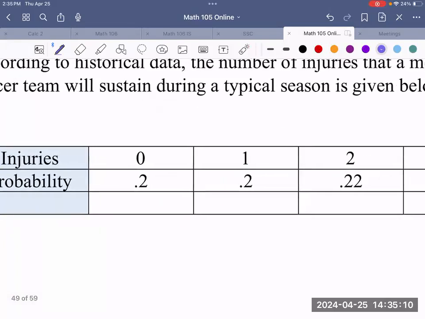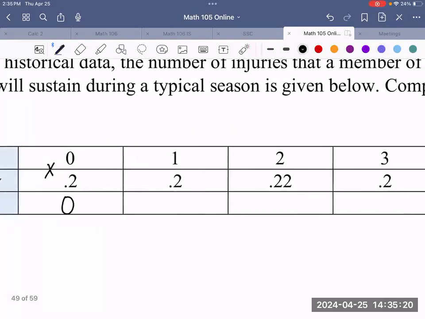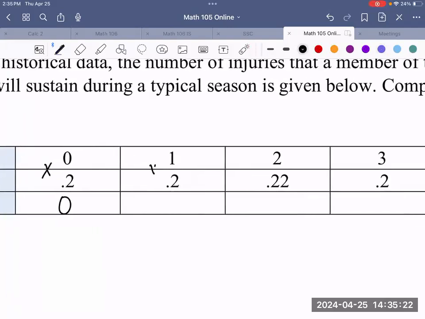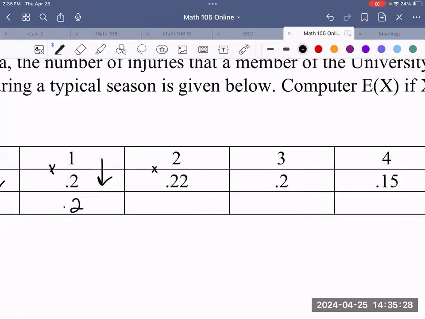And we said beforehand, right? The first thing we're going to do is multiply your X value by your probability. So 0 times 0.2, that happens to be 0. 1 times 0.2, right? So multiplying down, 0.2, multiply down, 0.44.